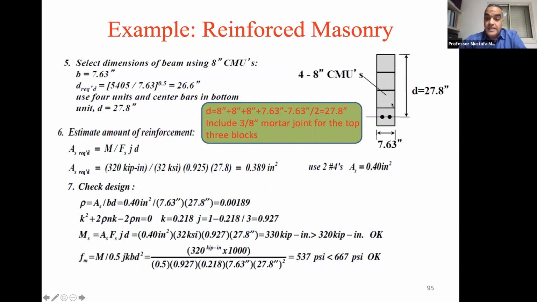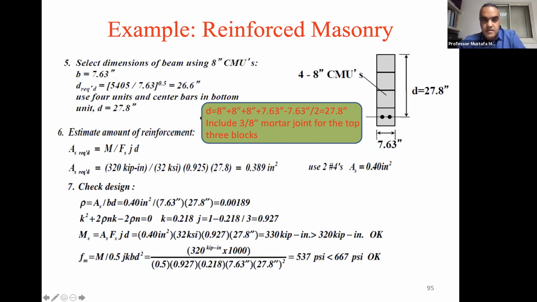So that's the required depth. This is the minimum, so we need to increase that. We don't design to the limit, and also we need to add a cover. These rebars typically are placed in the center of the unit, so you add half of that as a cover below.